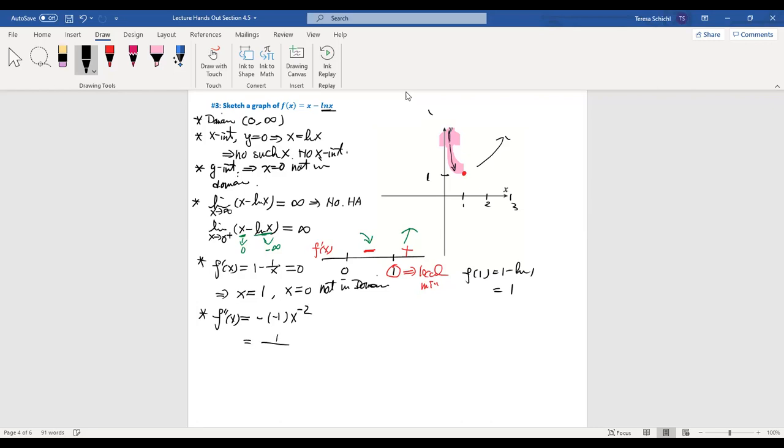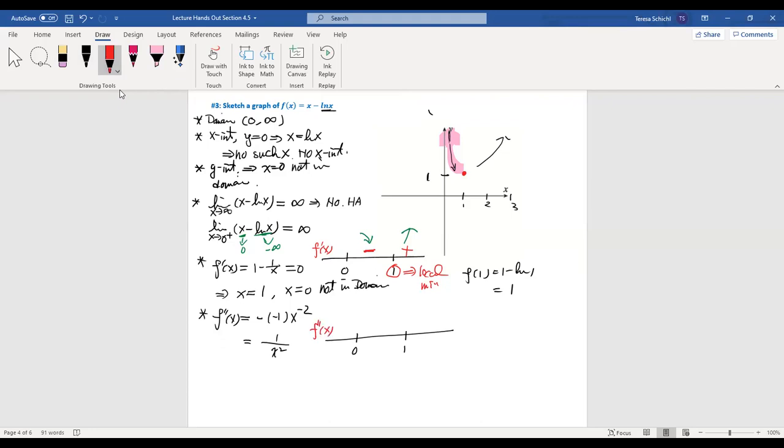So what I have here is 1 over x squared, right? And I know x equal to 0 is not in the domain, so it's not an inflection point. So you see here, this is my second derivative behavior.